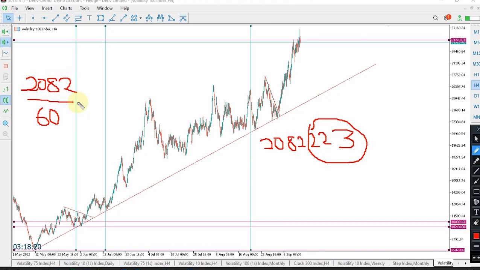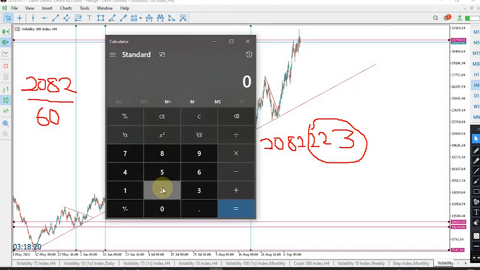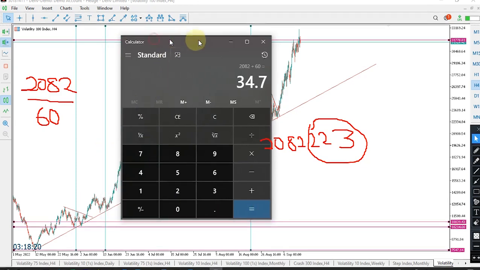Now I need a calculator to do this. So 2082, I divide by 60. Oops. Do you see what I'm saying?